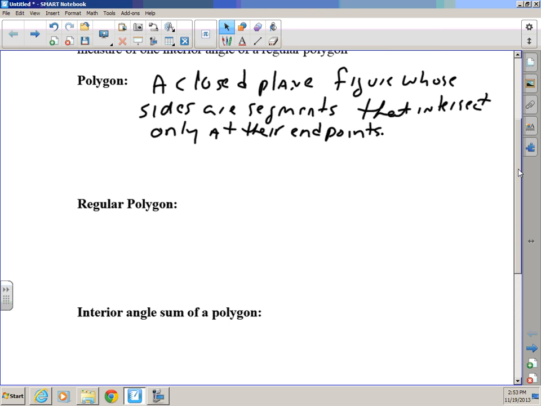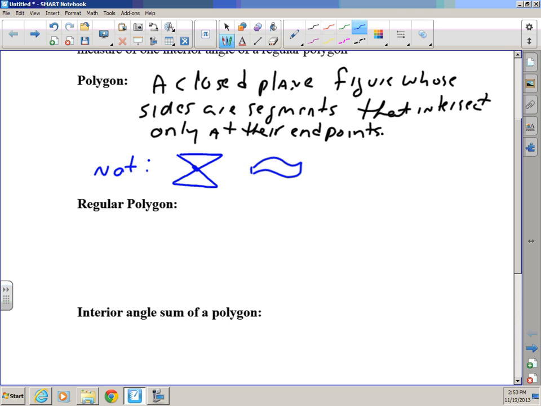It's easier to see with some of our very typical polygons: triangles, squares, trapezoids, etc. What are not polygons is something like the following, because the figure in blue intersects somewhere other than at the endpoints, or the following, because they're not line segments, but they have curves to them.